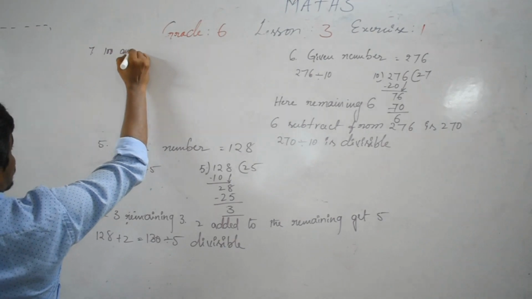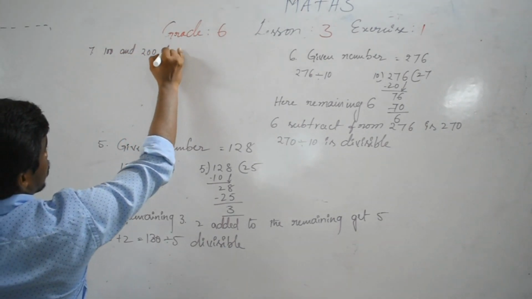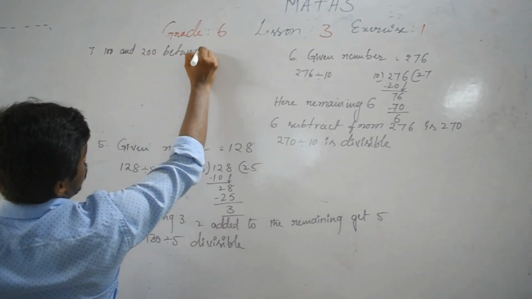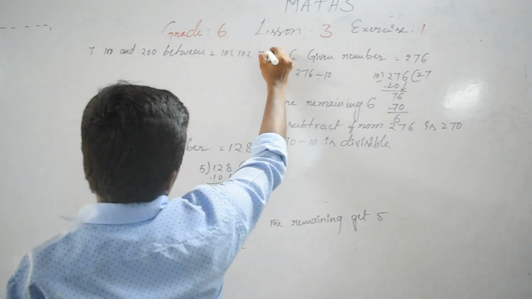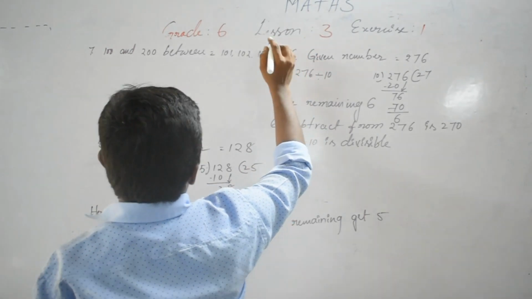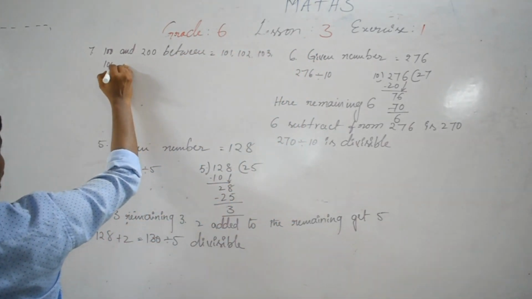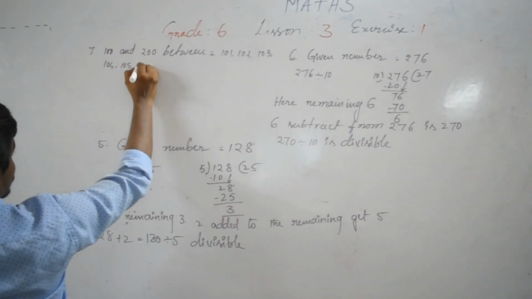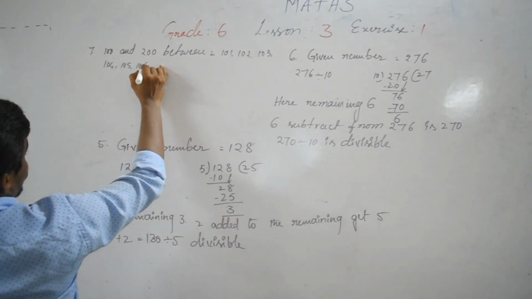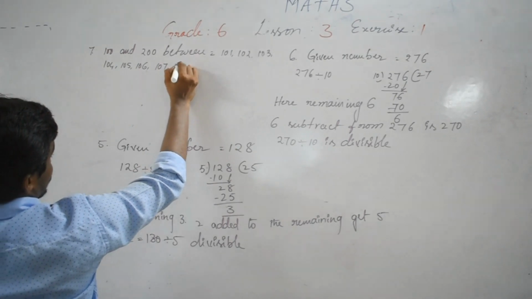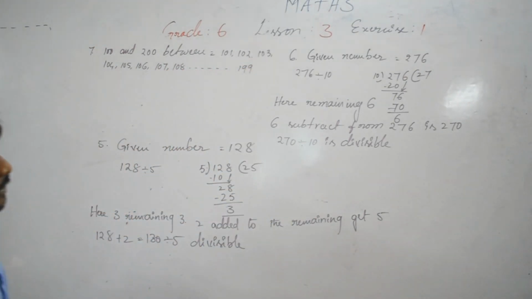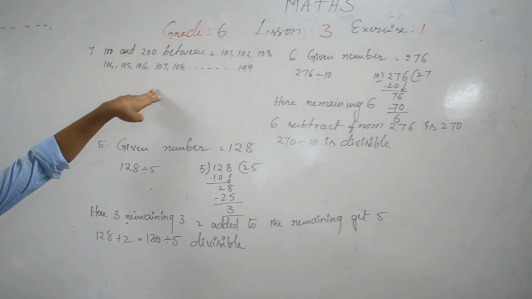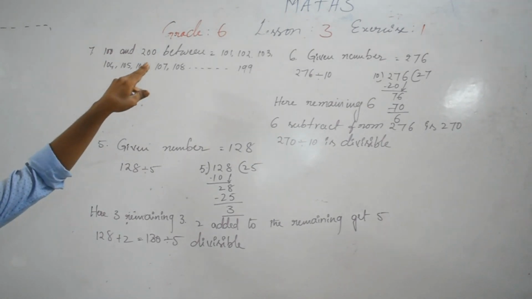Between 100 and 200, the numbers are 101, 102, 103, 104, 105, 106, 107, 108, up to 199. They are asking which of these numbers are divisible by 6.